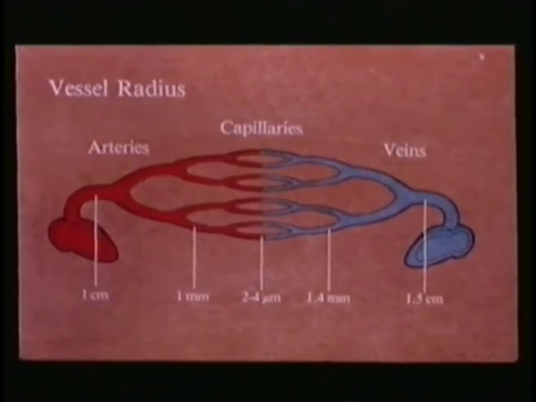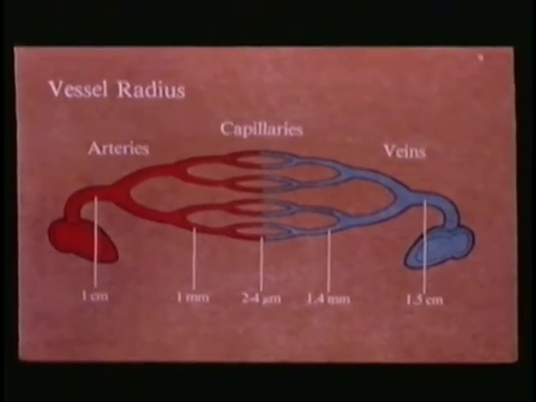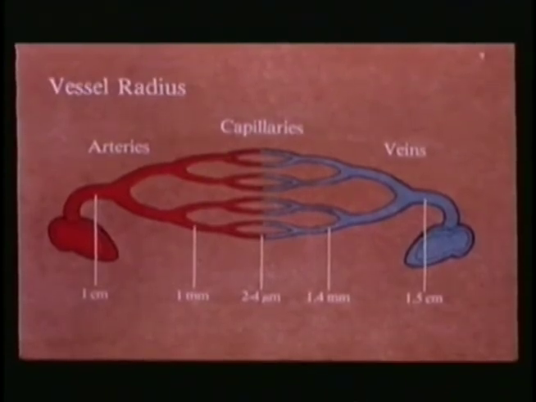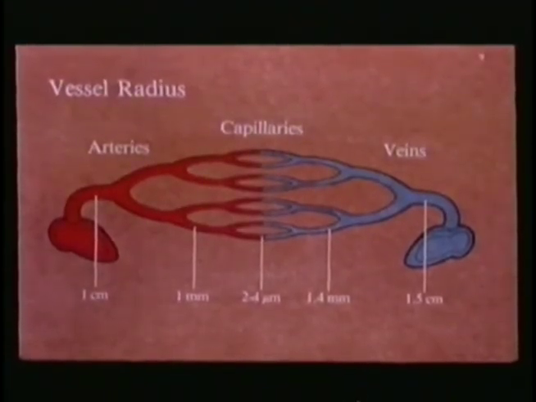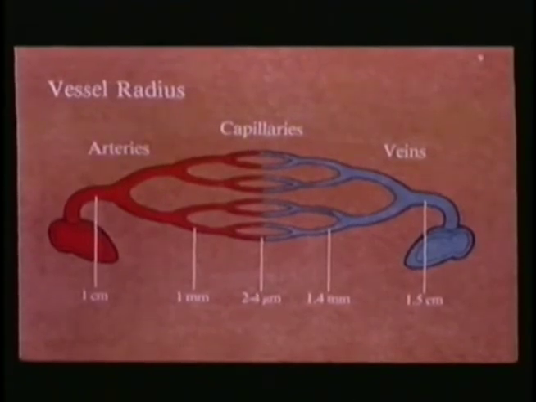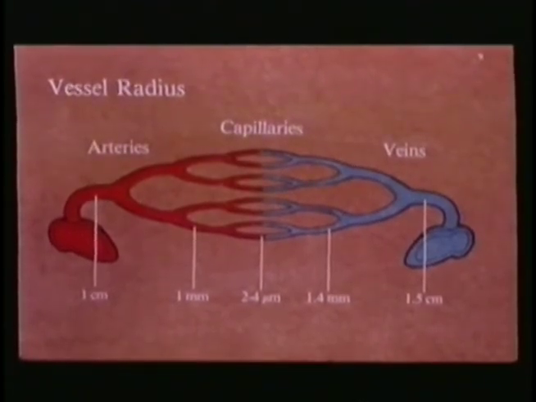The smallest radii, approximately 2 to 4 microns, are found in the capillaries. As venules converge to form veins, their radii increase progressively. Notice that the radii of veins are larger than those of corresponding arteries. The ratio between the radii of corresponding veins and arteries is approximately 1.4 to 1.